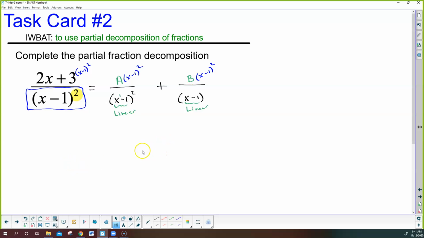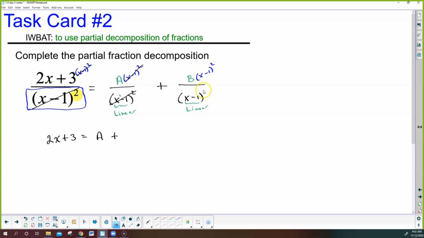Then we're going to play that game of reducing things out. In this case, the x minus 1 squared terms reduce out, and I'm left with 2x plus 3. And then here the x minus 1 squareds cancel out, so I'm left with A.